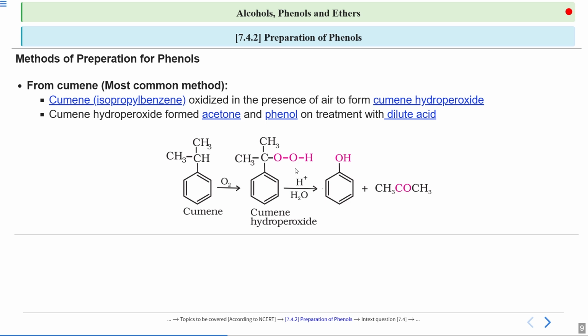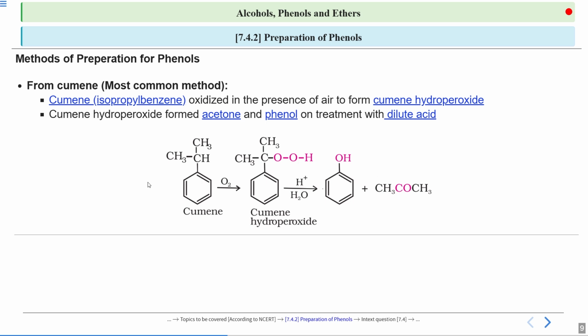So when you treat it with acid, this group, that is CH3, CO and CH3, will leave, that is, acetone will leave, and we will be left with phenol, that is OH, and here acetone is a side product, that is CH3, C double bond O, CH3. So this is how from cumene you get your phenol.